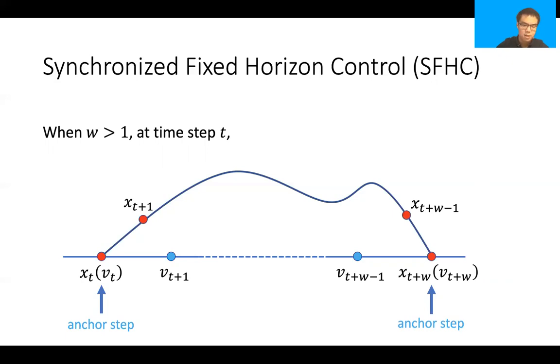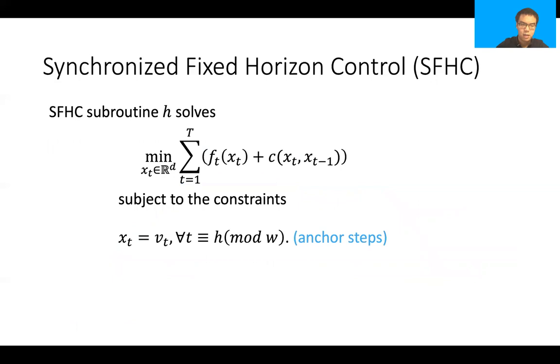We call the head and the tail of this subsequence anchor steps. So formally, SFHC subroutine solves the optimization problem subject to the constraint that x_t equals v_t at anchor steps, where the set of anchor steps is decided by the remainder of time step t mod the prediction window size w.